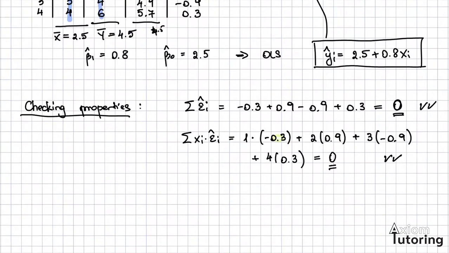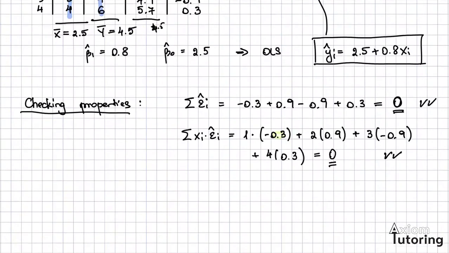You can do it directly through the table, but you can also say, well, I know that my y hat is going to be 2.5 plus 0.8 times the 2.5, which we found for the x bar. Doing the computation is going to give you a 4.5, which is, again, exactly the mean of your y. And that has proved to you that basically the line passes through the means.